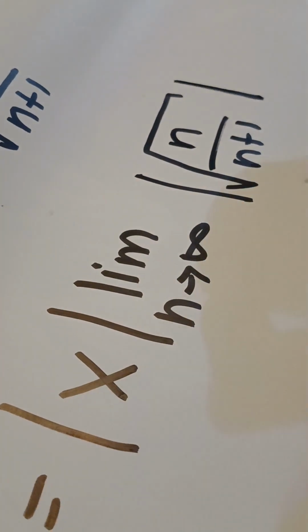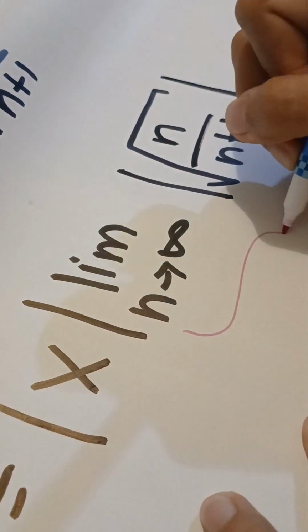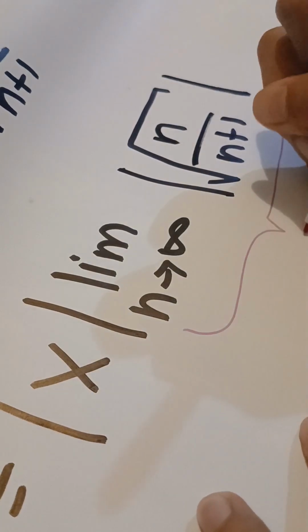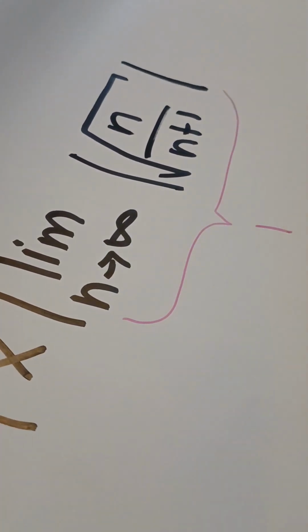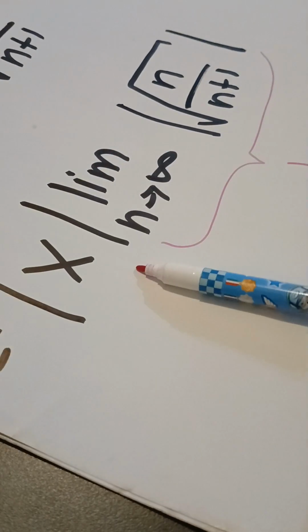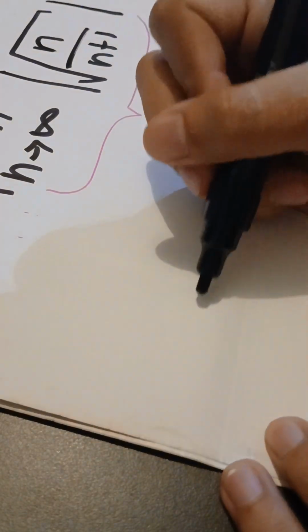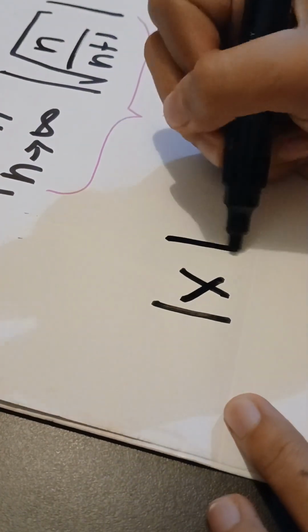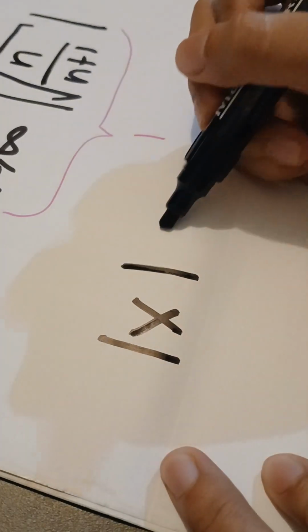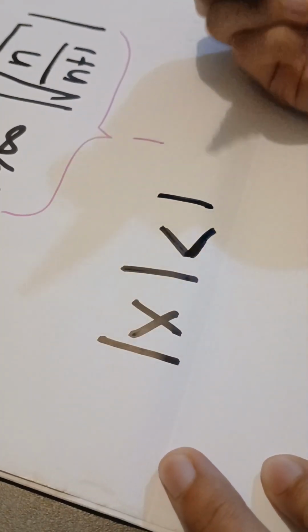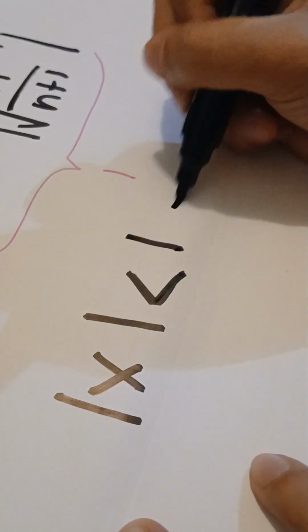So all we're left with is the absolute value of x, and we want to figure out if that is smaller than 1. Equivalently, this gives us the inequality that x has to be between -1 and +1.